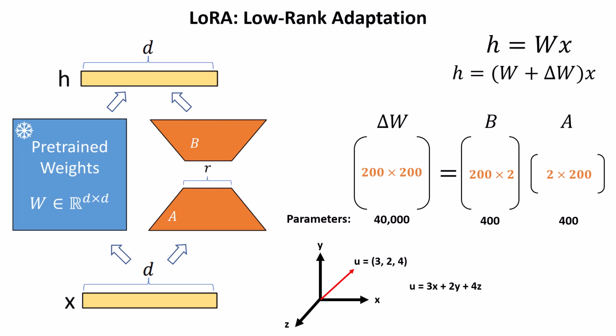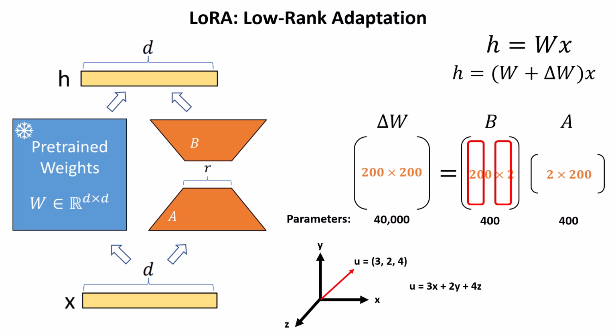So I have in matrix B 2 columns, each a 200-dimensional vector. And from these 2 vectors, I can represent all the other 200 vectors that I have in delta W. And how can I represent them? By linear combinations whose coefficients belong to matrix A.